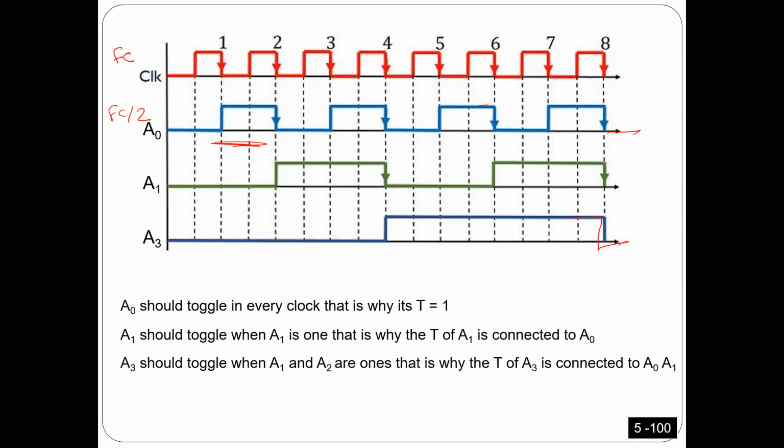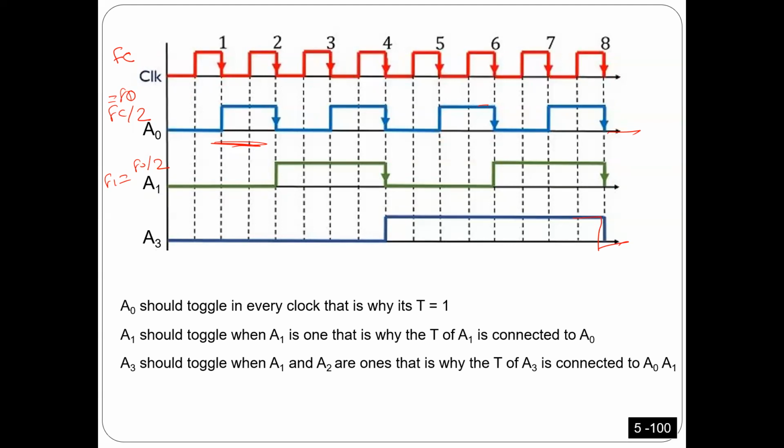Time is double, frequency is half. And then you can see this frequency, for example F1, or we call it F0. F1 is actually F0 divided by 2. Because the time here is actually double the time here. So if this one is F, this one is going to be divided by 2, and this one is going to be half this frequency. Is that okay, guys? Any questions?